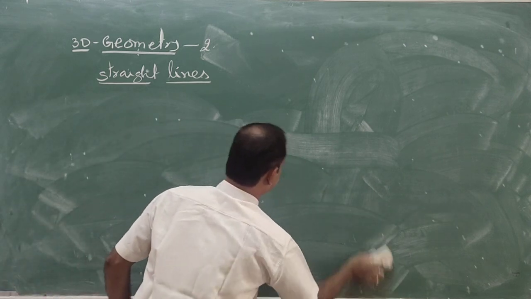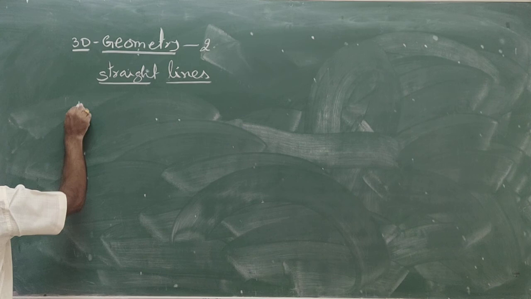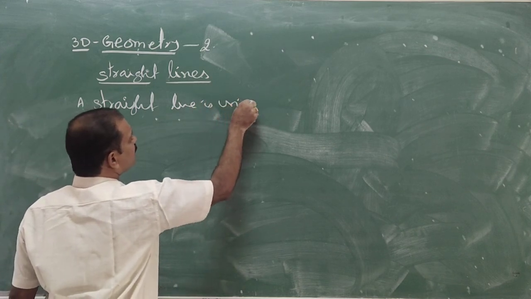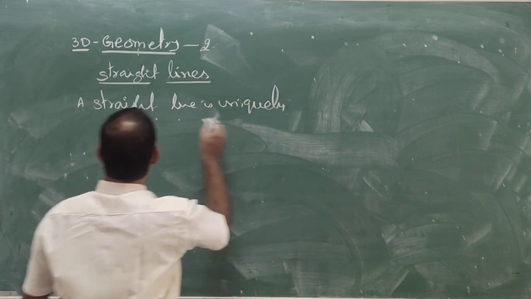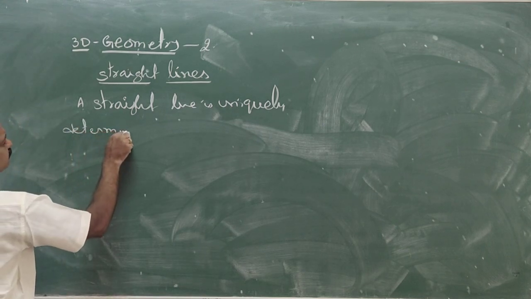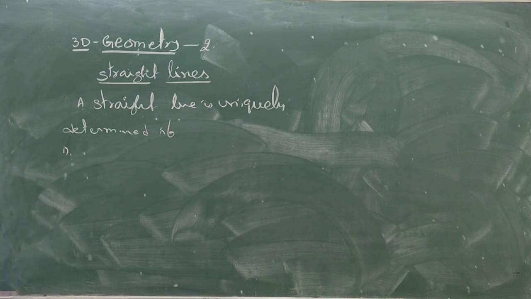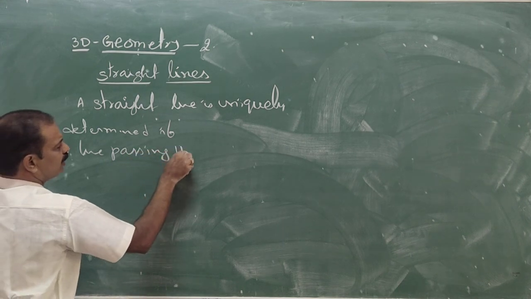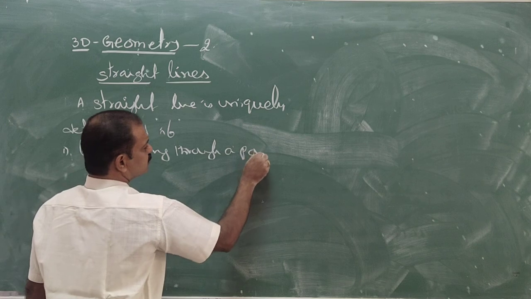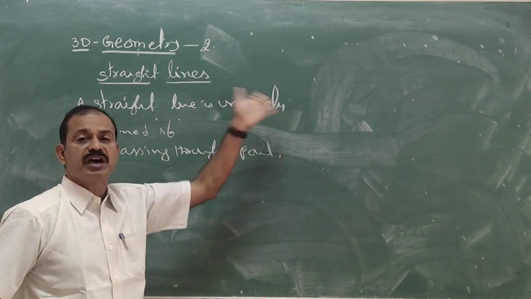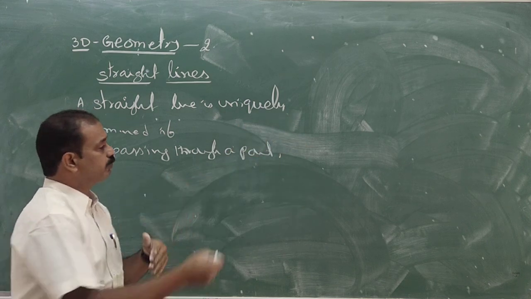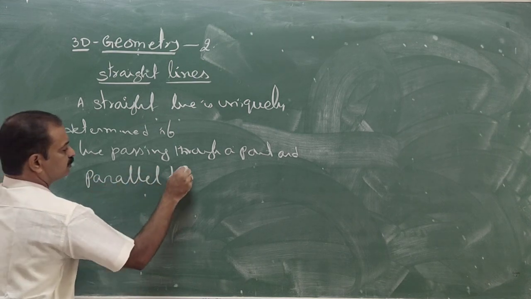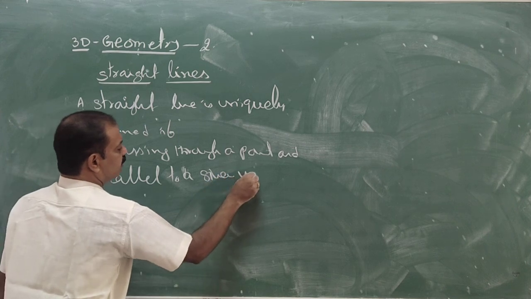Now come to the straight lines. A straight line is uniquely determined if the first one is when the line passes through a point and is parallel to a given vector.